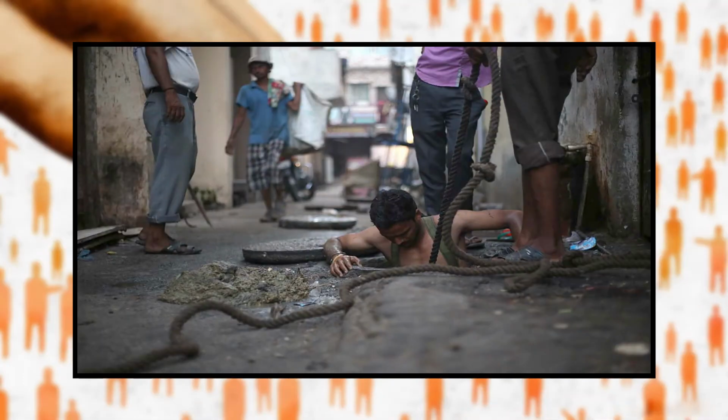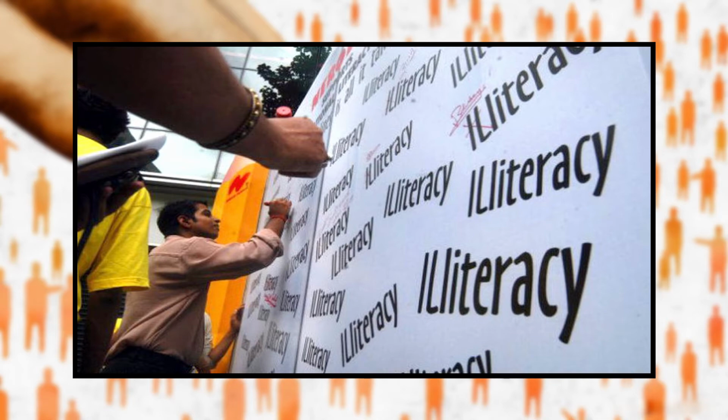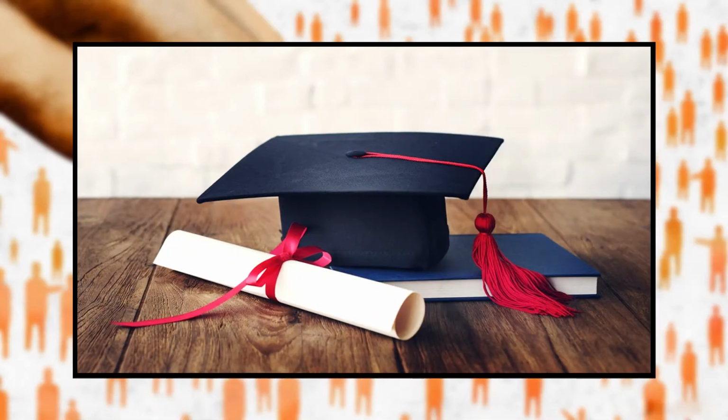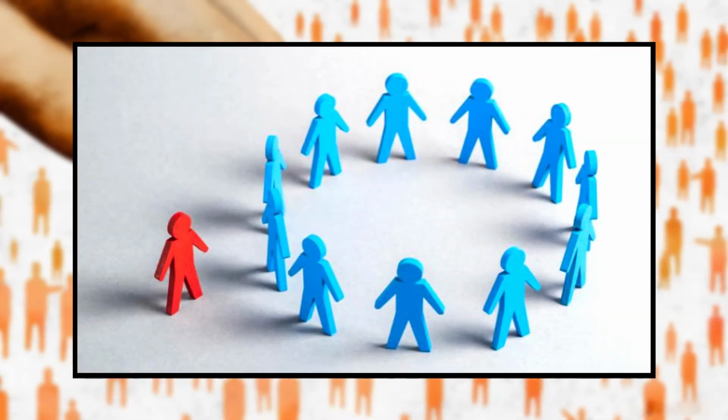It's not uncommon to hear of deaths due to methane gas exposure found in the sewers. Moreover, many Dalit children drop out from the schools due to discrimination by their classmates and also from their teachers. Illiteracy plays a major role. The few Dalits who have struggled and finished their university education continue to face discrimination at work.